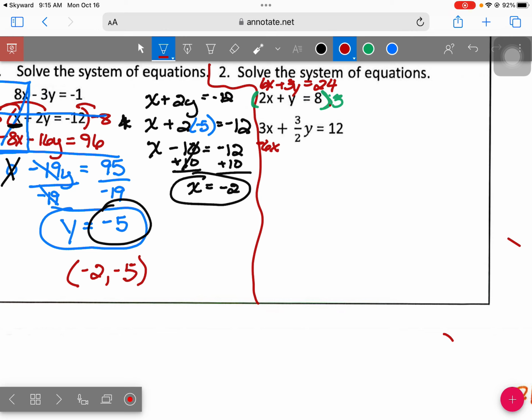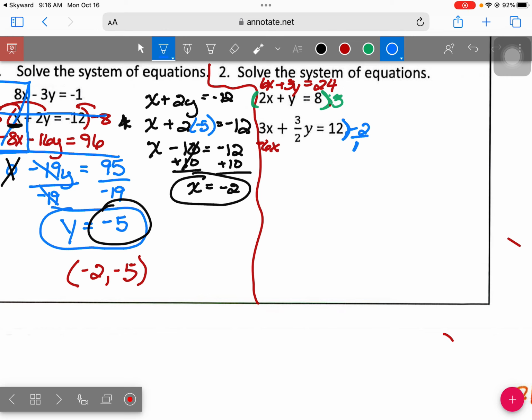Okay? Now, if I want -6x on the bottom here, what am I going to have to multiply this bottom equation by? -2. Because -2 times 3x is -6x. -2 times 3/2 y. This gets a little tricky. Put that as a 2/1.